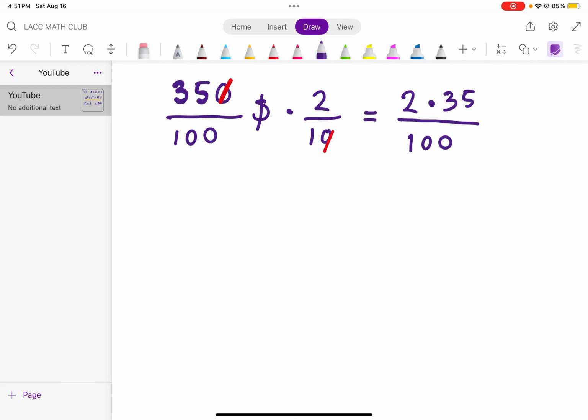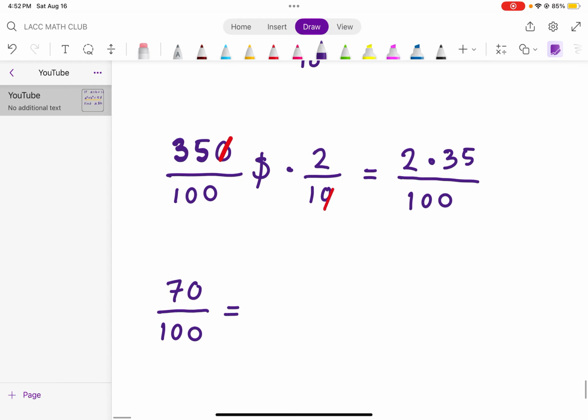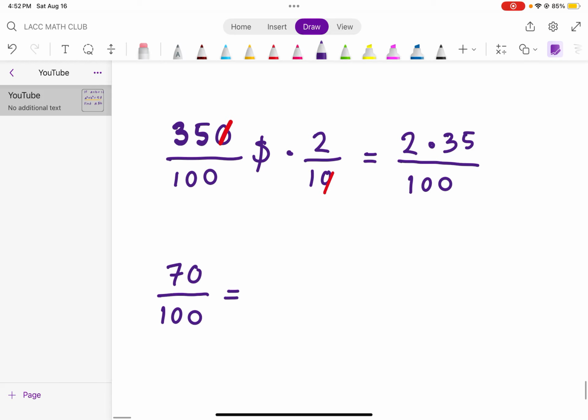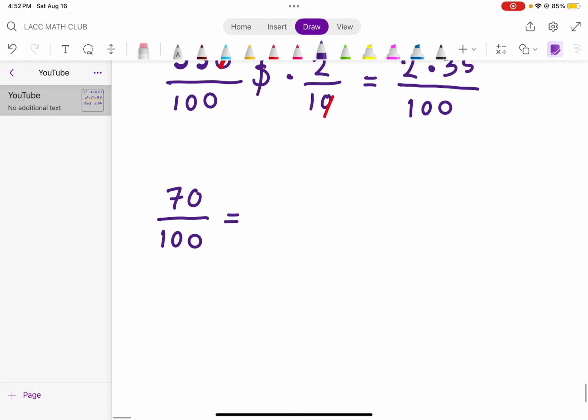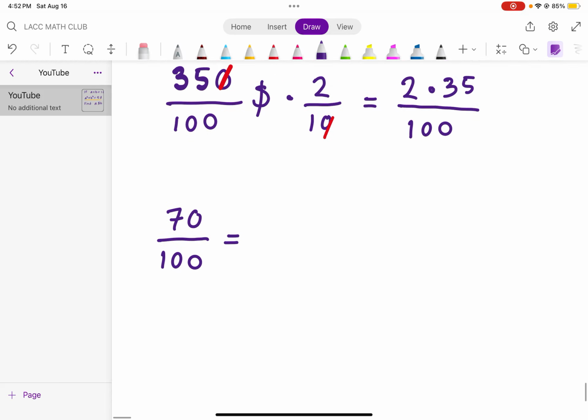Let's go a line down now. What is 2 times 35? 70 over 100. So what is this? Well, if 350 over 100 was $3.50, 70 over 100 would be 70 cents. What did we just find though, right?